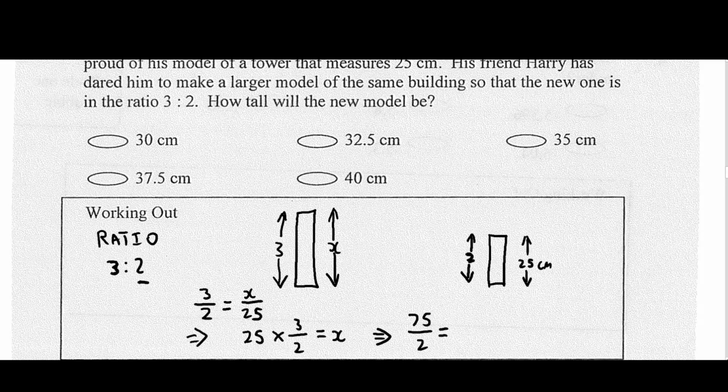And 5 divided by 2 leaves us with 2.5. So it's going to be 35 plus 2.5, which is 37.5 centimeters. And there it is, 37.5 centimeters. So that's how tall this x is. This x is 37.5 centimeters.